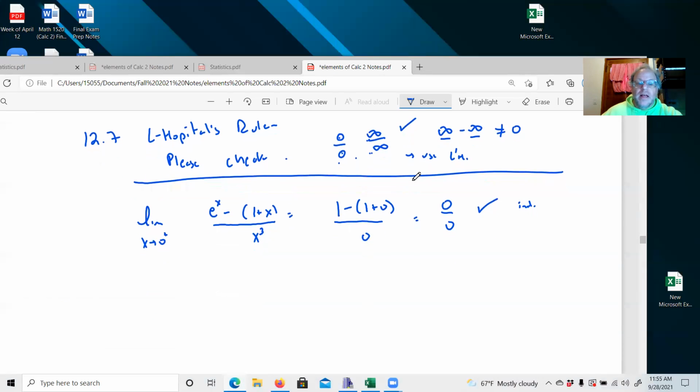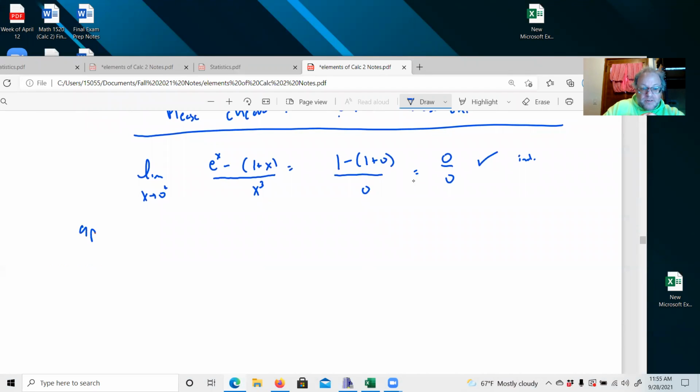Now we're going to apply L'Hopital's. Now this is not a quotient rule, so be careful. You can include quotient rules, but this is not a quotient rule. We are taking the derivative of the top function and the bottom function to see what the trend is so we can apply the limit.